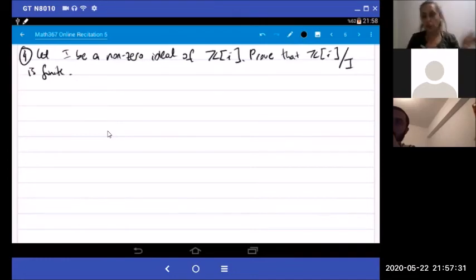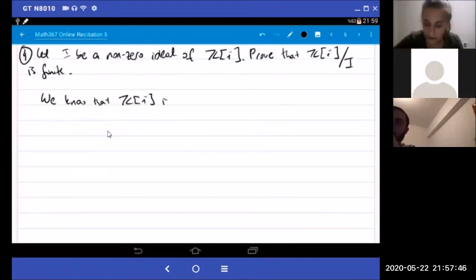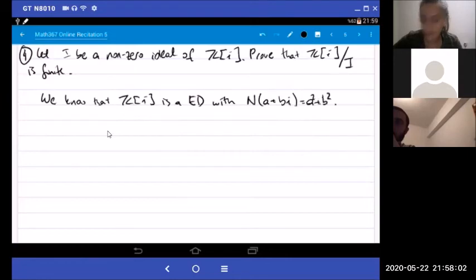Now we are going to use the division algorithm, that is, use the fact that Z[i] is a Euclidean domain. We know that Z[i] is a Euclidean domain with norm N(a+bi) equal to a squared plus b squared.